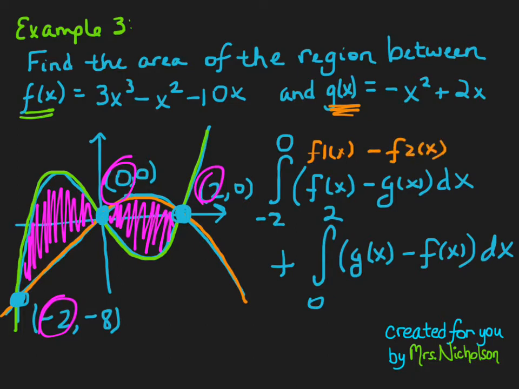And then when you do your second integral, you need to do f2 of x minus f1 of x. And when you put all that in, if you've done it correctly, you should end up with an answer for the sum of regions, area 24.